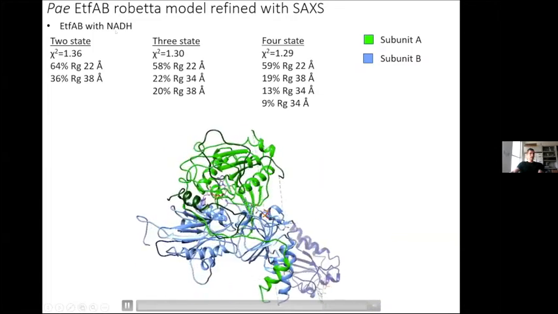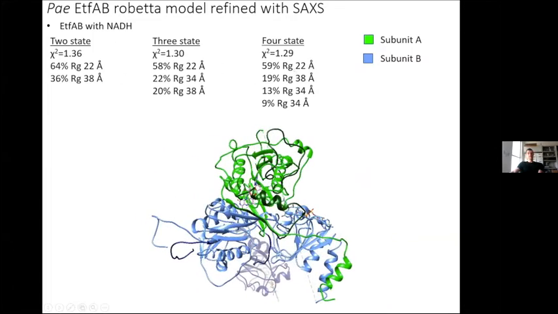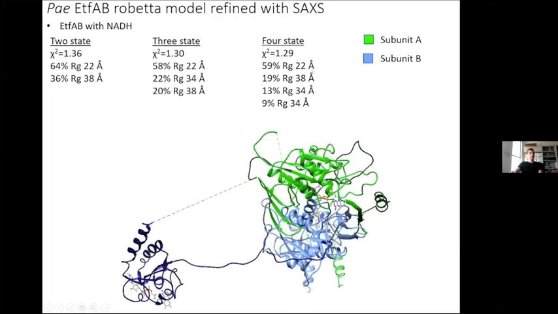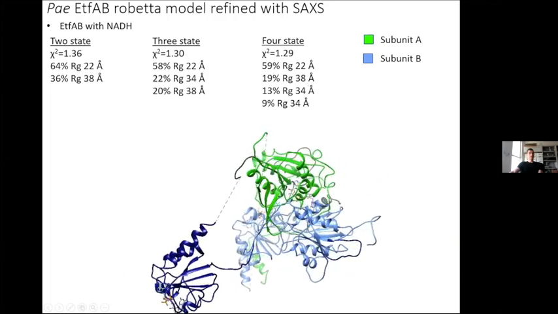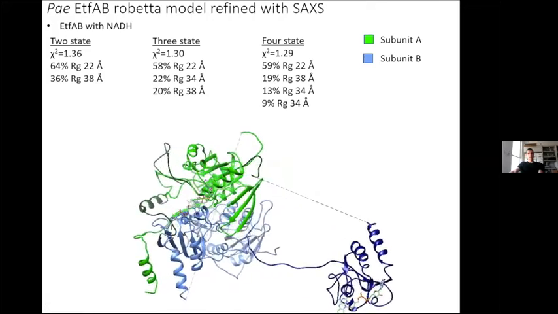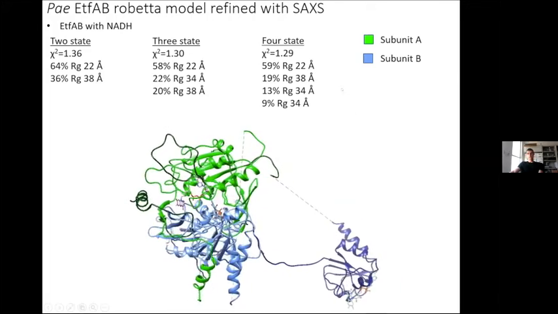You can see what the model is saying, and what percentages. So 59% in the 4-state model is the compact state, and the rest are these varying more extended cases where something is popping up. So that's what I've done so far.